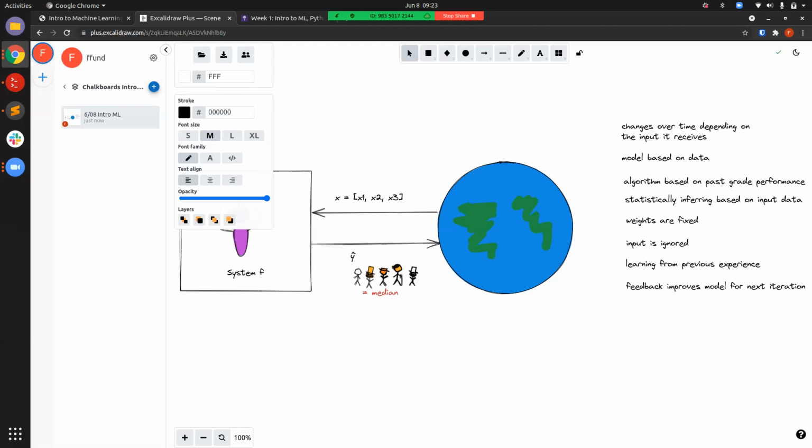Okay, so let's see what we had to say about this one. It's machine learning because it learns from previous data, other students' profile and grades. Maybe it's not machine learning because it doesn't get feedback to learn and improve the algorithm for the next iteration. Ben says it will behave differently depending on what inputs are passed to it. Okay, let's see.